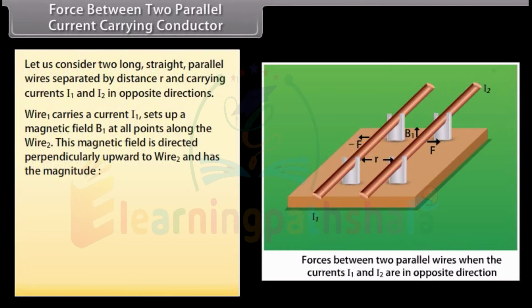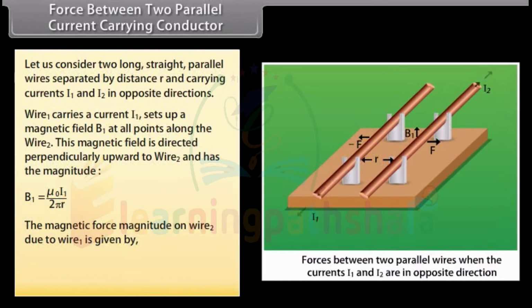This magnetic field is directed perpendicularly upward to wire 2 and has the magnitude μ0 I1 divided by 2πr. The magnetic force magnitude on wire 2 due to wire 1 is given by μ0 I1 I2 L divided by 2πr.